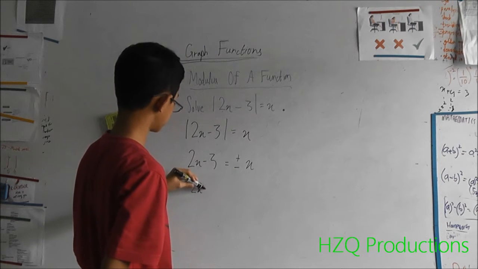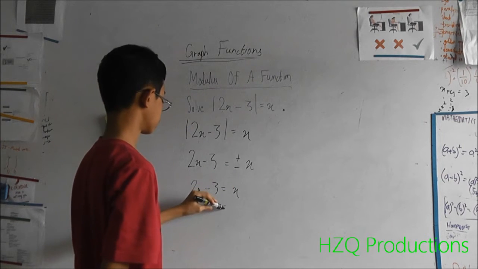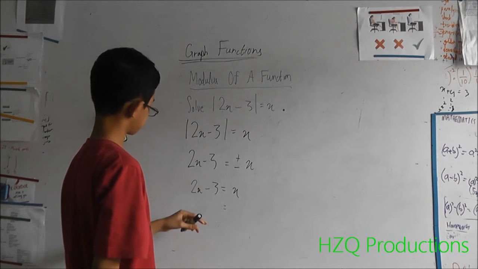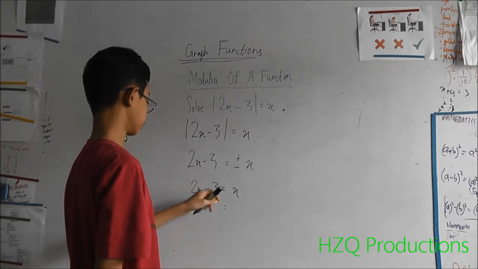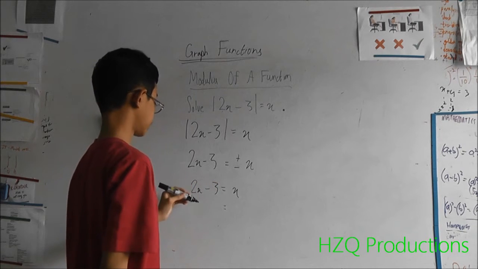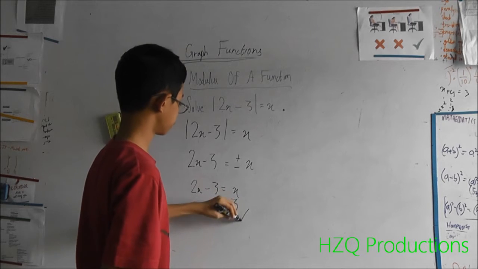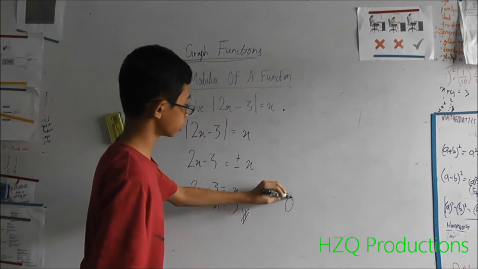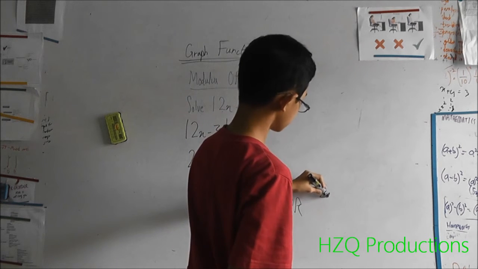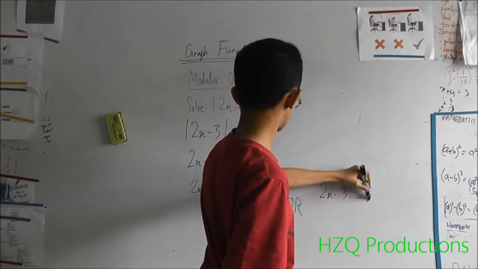So 2x minus 3 equals x, positive x. I'm going to bring x here and bring negative 3 here. So 2x minus x is x equals positive 3. But we're not done yet. You can say, or, 2x minus 3 equals now negative x.